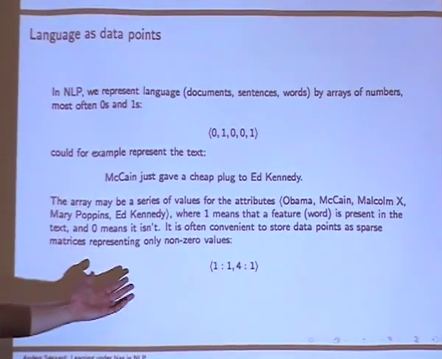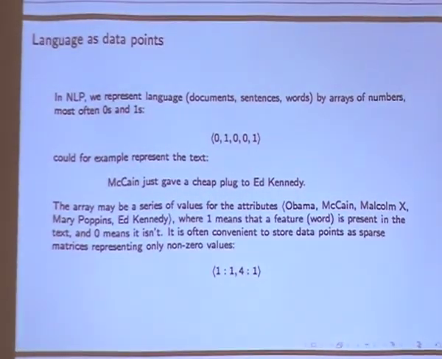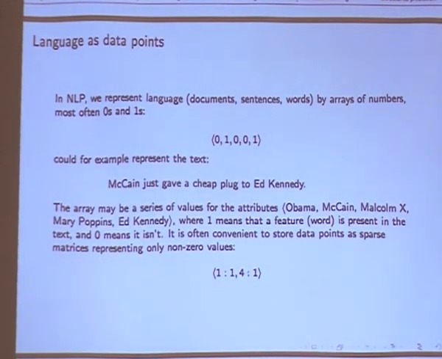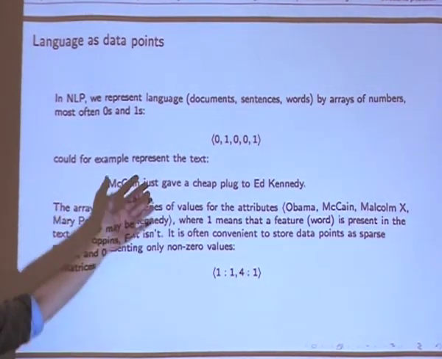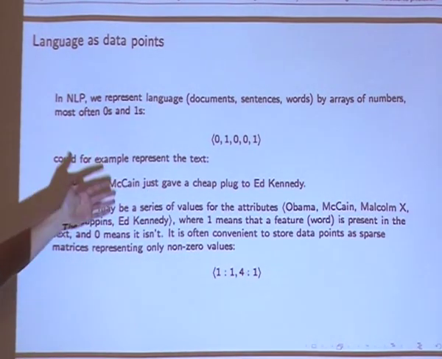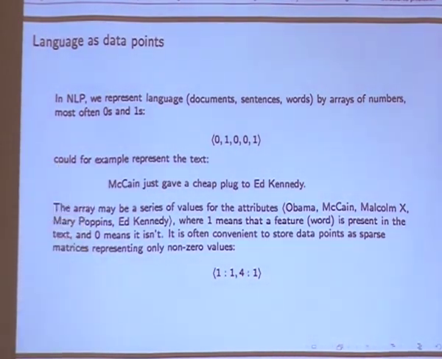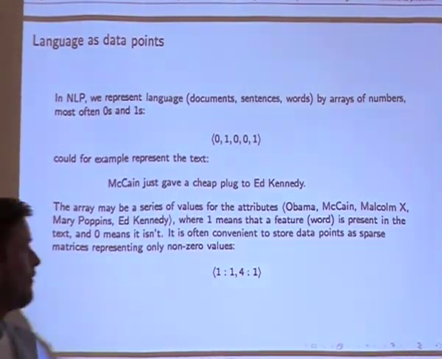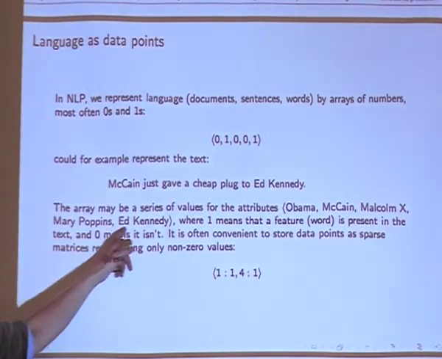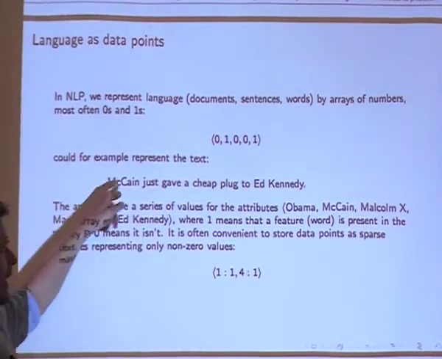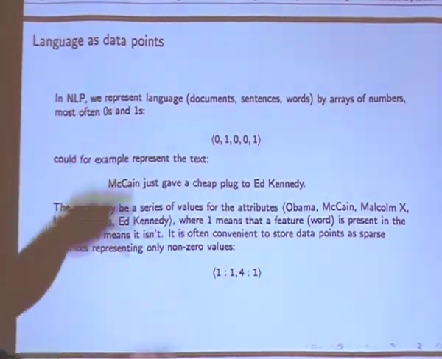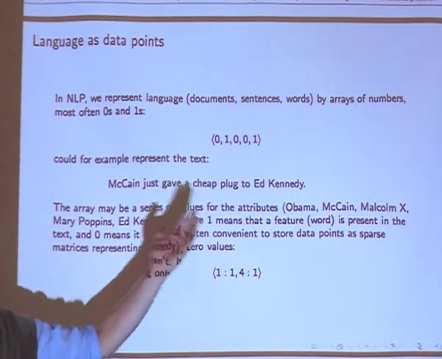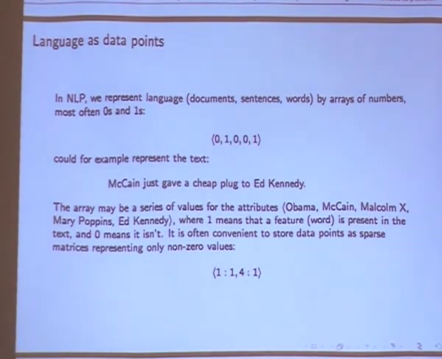A really, really simple example that I'm going to be talking a bit about is the bag of words model for text classification, where you represent something like this tweet, made during the 2008 debates: "McCain just gave a cheap plug to Ed Kennedy." As, for example, this vector here, which says that of those 5 names, all you see in this text is McCain and Ed Kennedy. This is a really simple bag of words model. Typically, you'd have a much larger dictionary or vocabulary, but that's essentially how it works out.